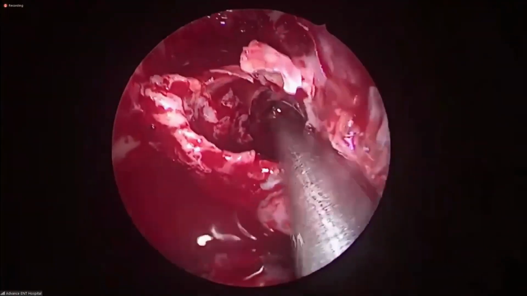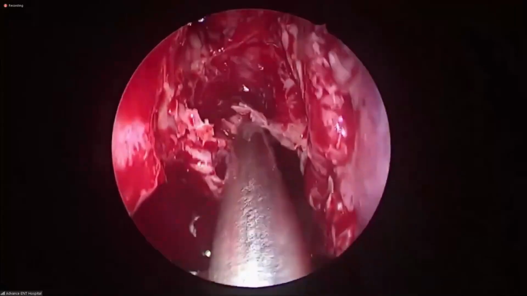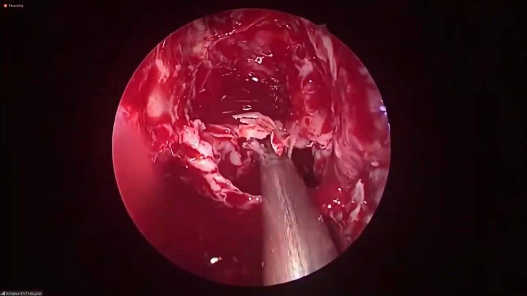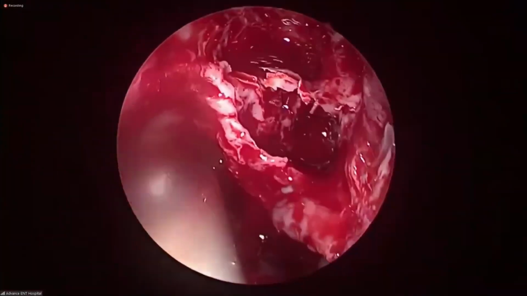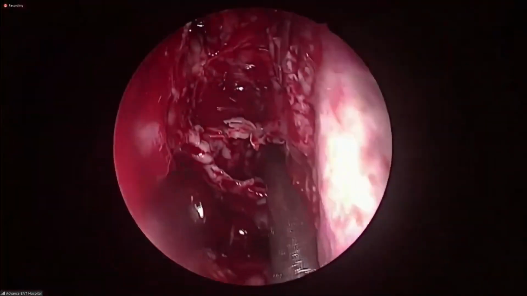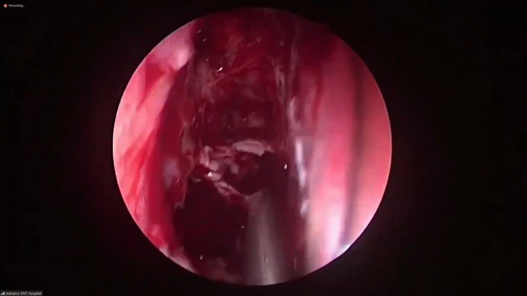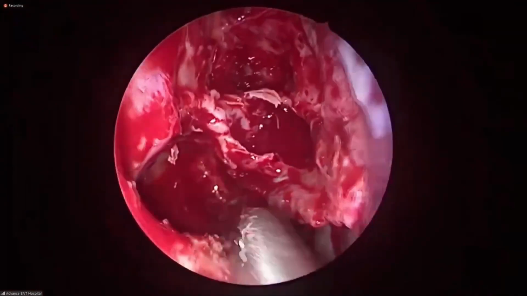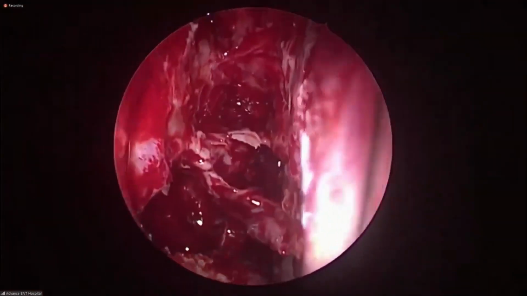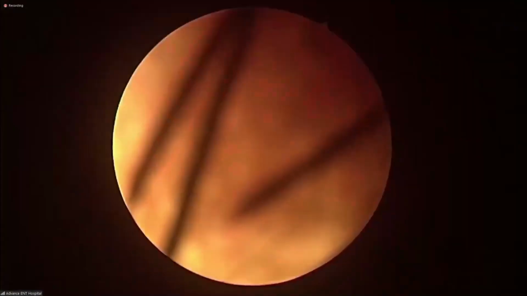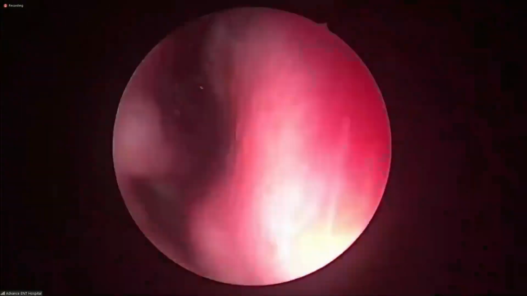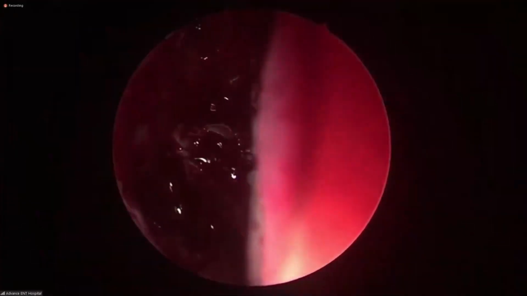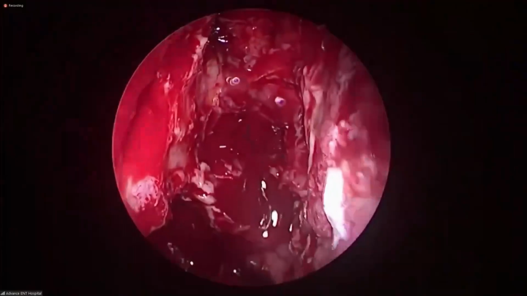Can you see? That is the value of this landmark. Now give me pack for a while. So now I've got the important landmark, the sphenoid sinus, and in no time we'll be finishing it.